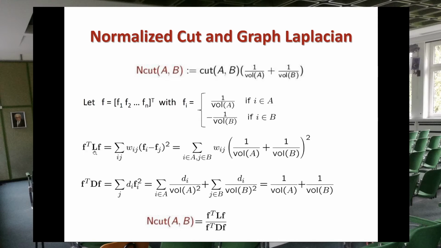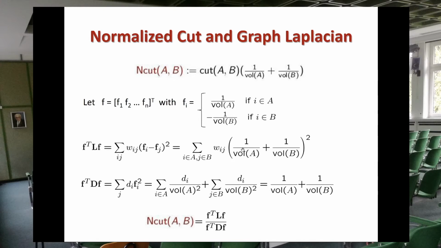If you develop this product, you will get to this expression here, that this product equals the cut of A and B, which, remember, is the sum of the weights, times this expression here squared.